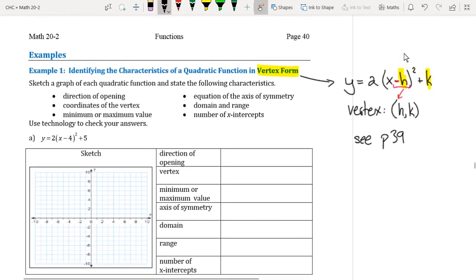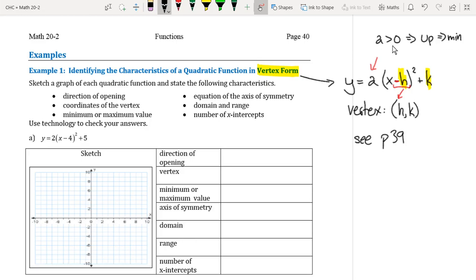The other thing we can do if we have our quadratic function in vertex form is look at the sign of the a. If a is positive, so if a is larger than 0, the parabola opens up, and anytime we have a quadratic function that opens up, we have a minimum.